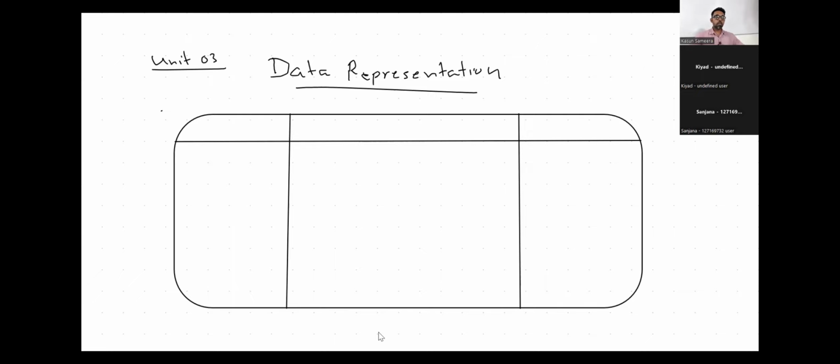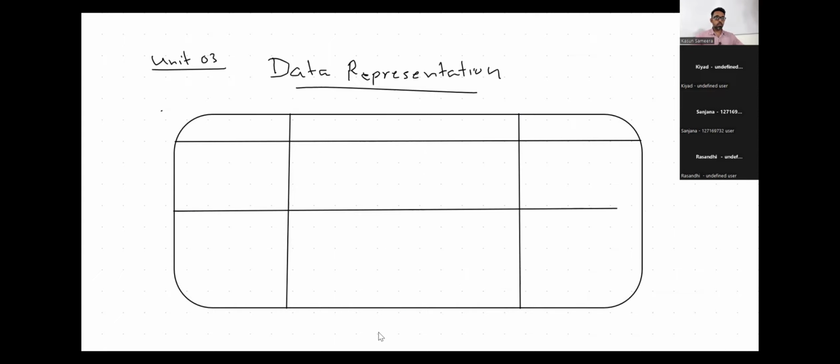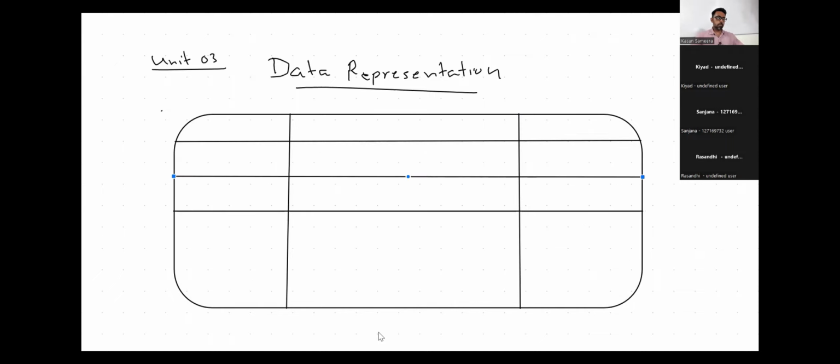Okay, then what is the number system you learned? It is decimal. Right.